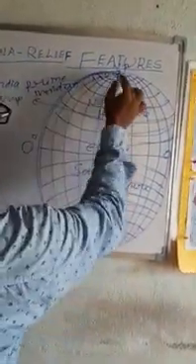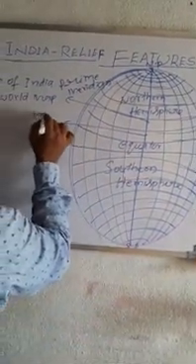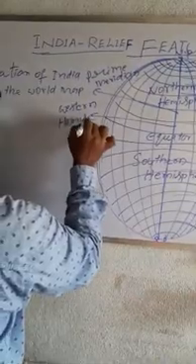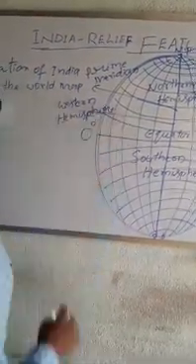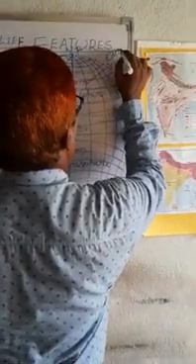From 0 degrees at the meridian to the west, it is called the western hemisphere. From 0 degrees at the meridian to the east, 180 degrees, is called the eastern hemisphere.